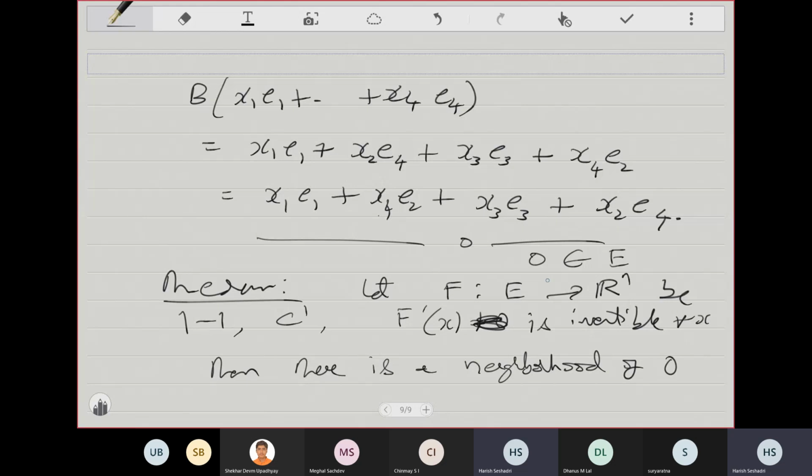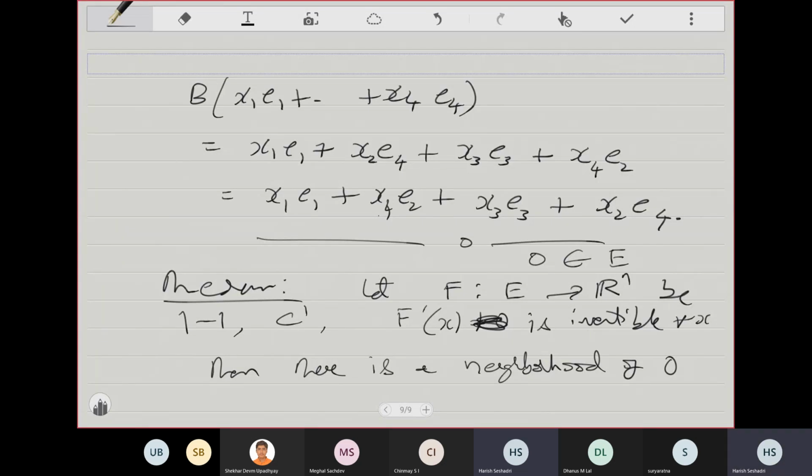This is not the main part. It will just make things look nicer. Zero in E. And then there's a neighborhood. The other important thing is that writing down every such function as a product of simpler functions cannot be done on the whole open set. It's only on the neighborhood of a point that one can hope to do this.